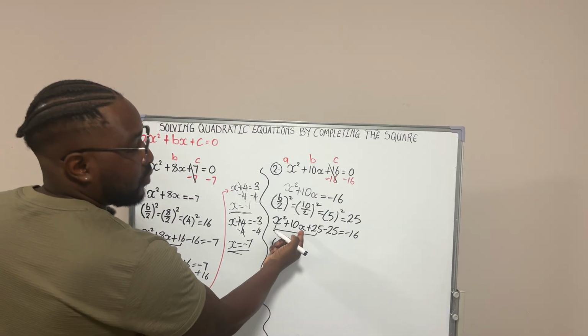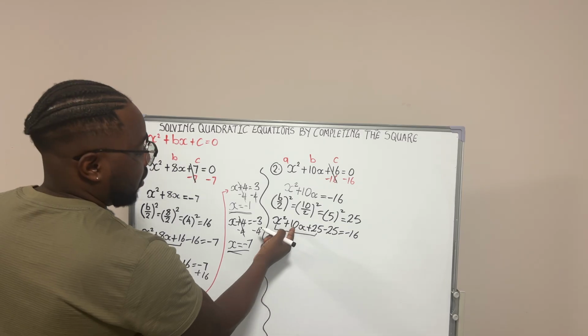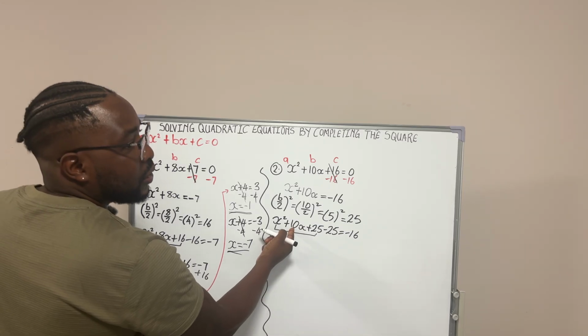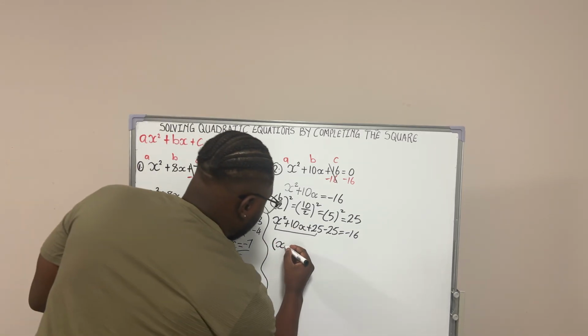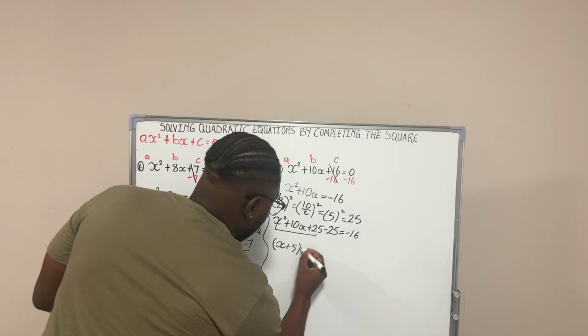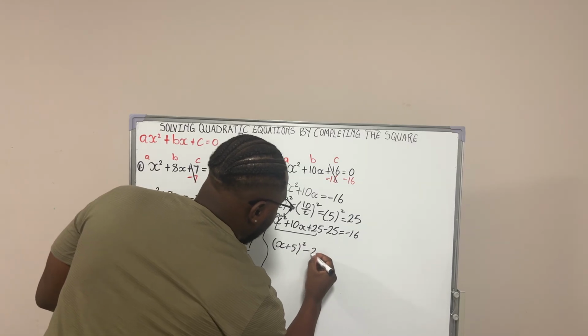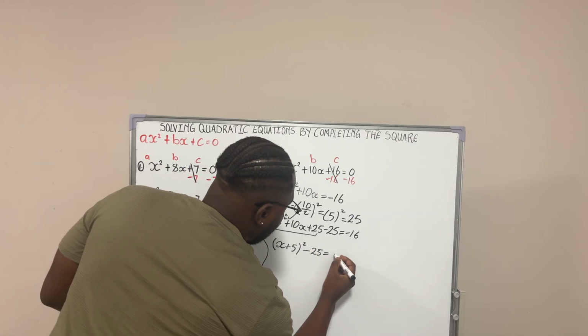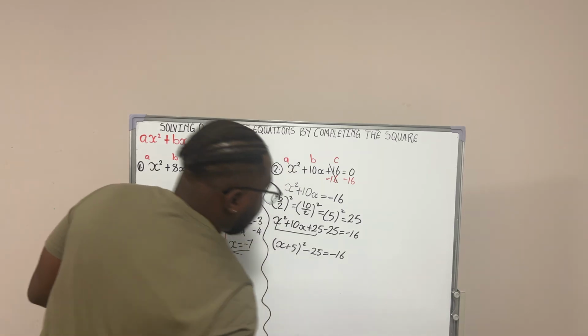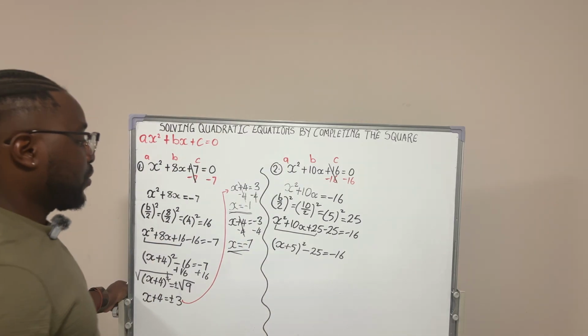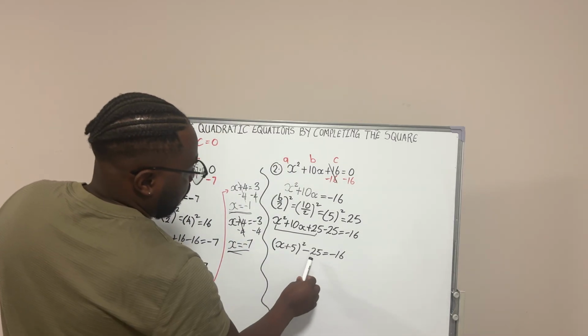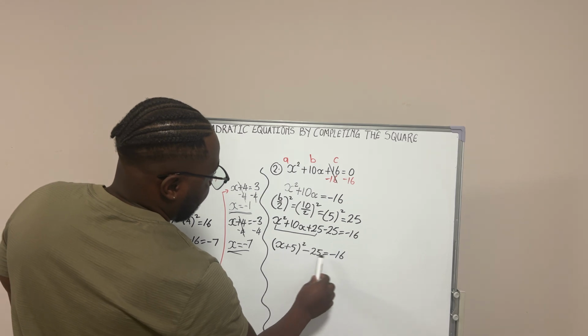Taking the half coefficient of x. Yes, so 2 into 10 is what? Is positive 5, then we square it. Minus 25 equal to negative 16. Yes, so now we have these two like terms together.